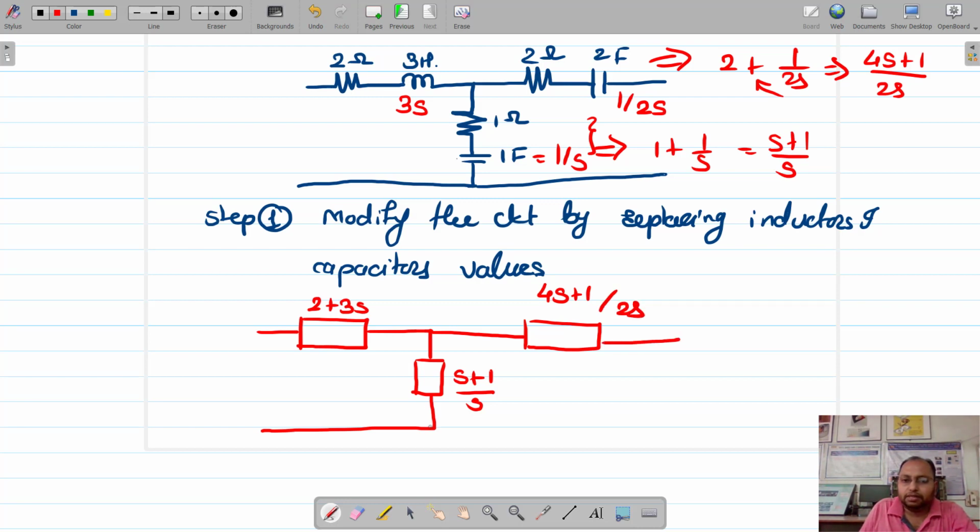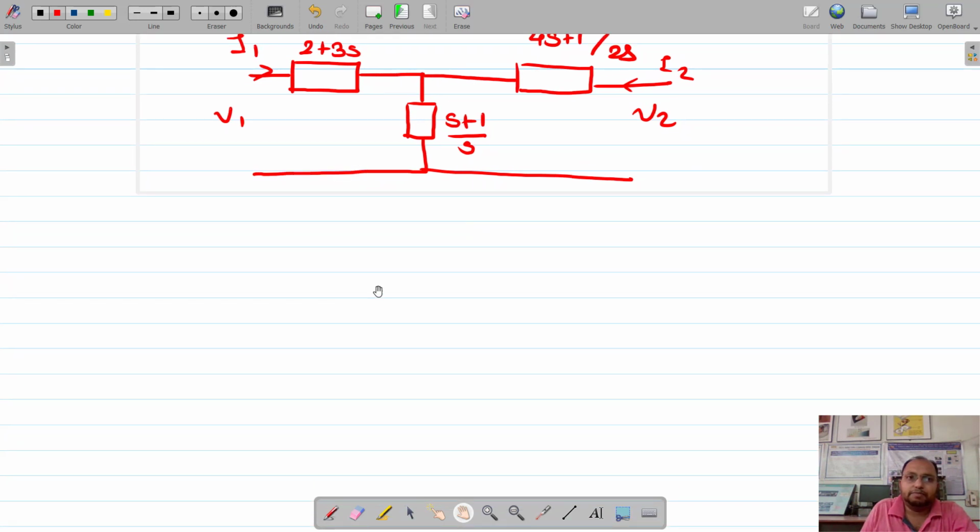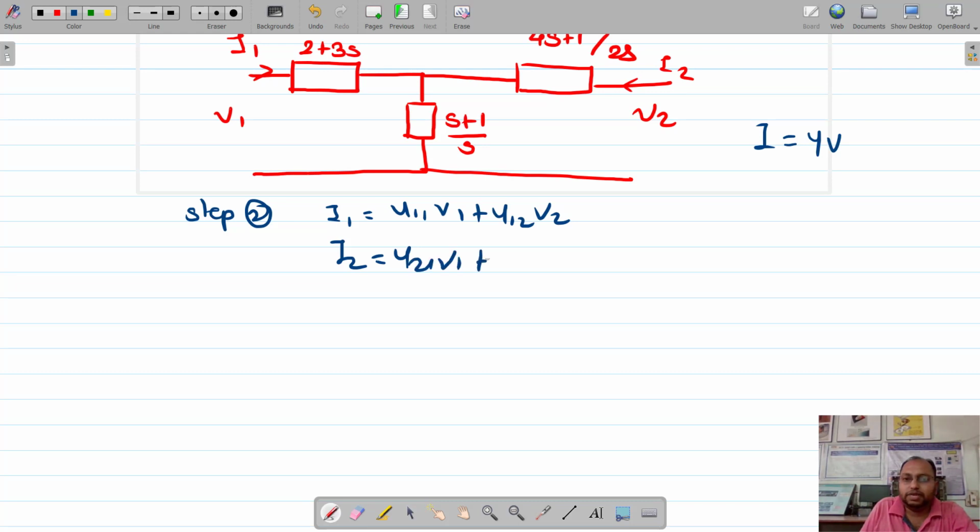Is that fine? Okay, and now to this circuit we are going to apply y parameter and we are going to find out different y parameters for this. So let's go for step number 2. Step number 2 is nothing but you need to write the equations. You need to remember only this, I is equal to yV. Therefore I1 is equal to y11 v1 plus y12 v2, I2 is equal to y21 v1 plus y22 v2, right?